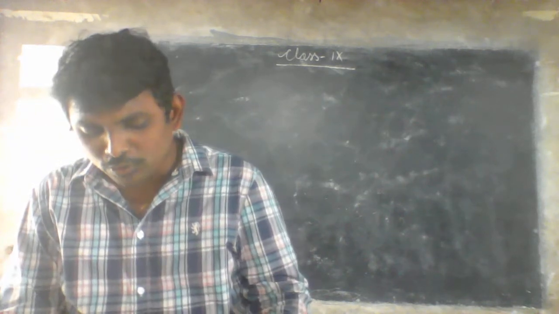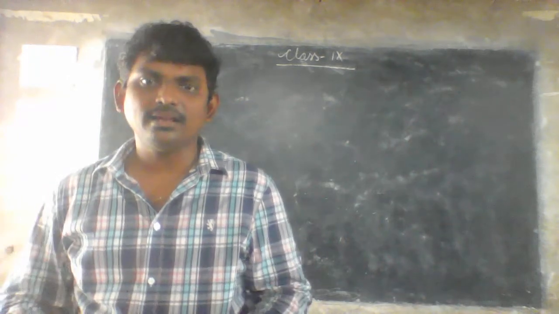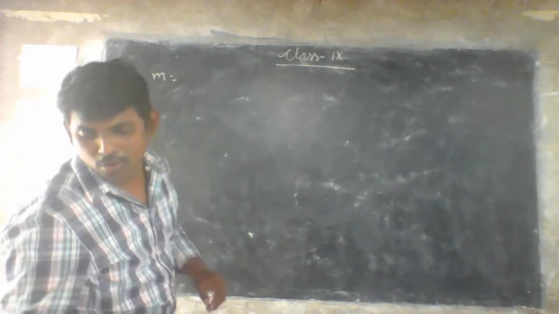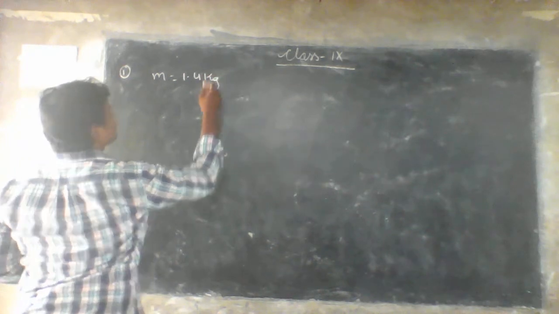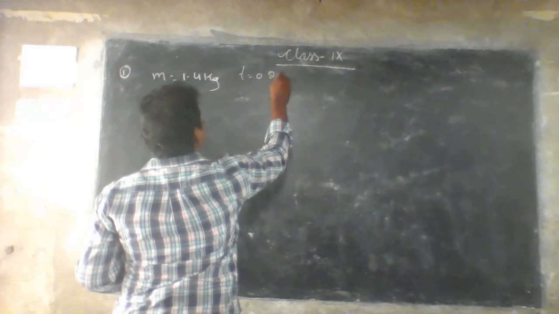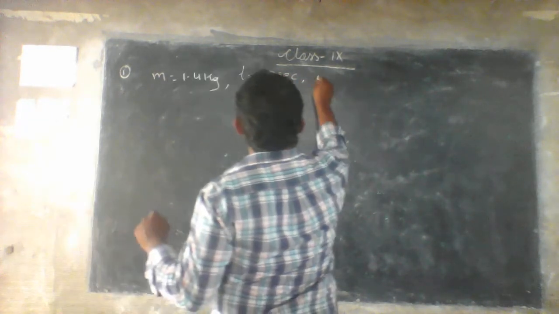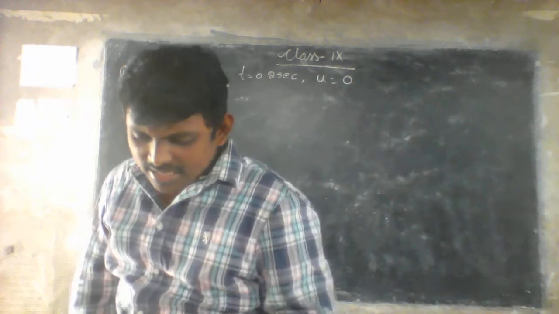Initially the body is at rest. So mass of the body is 1.4 kg, time t is 0.2 seconds, and initially the body is at rest, so initial velocity is 0.